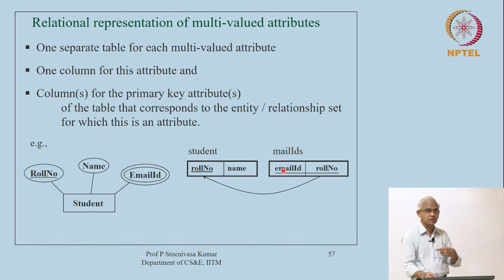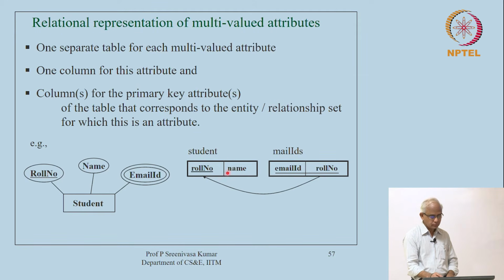It cannot have a list or set of values, right. So, roll number, email ID will obviously be the key together now, because unless both of them are given, you can't identify the row, the tuple, in this relation. Okay. So, it is also obvious that this roll number is referring to the student entity, and so it will be a foreign key referring to the table corresponding to that entity.